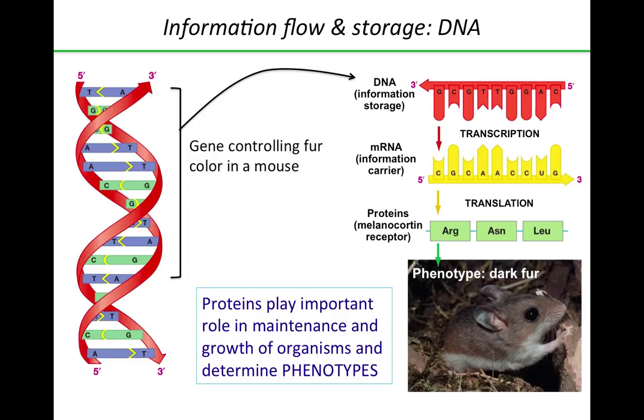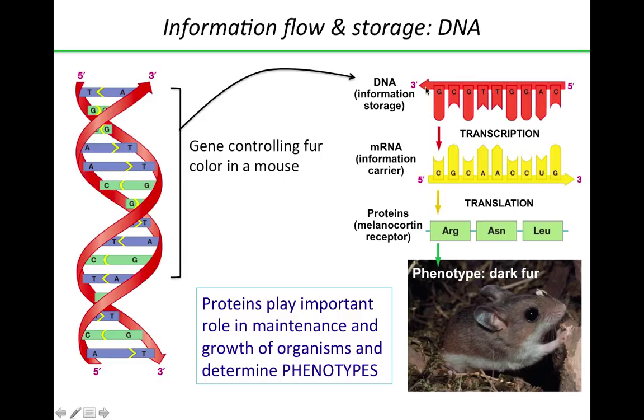And just to think about a concrete example here, we can think about a mouse that has a gene that controls fur color. So depending on the sequence of nucleotide bases that the mouse has on that gene, it will code for a particular version of, in this case, a melanocortin receptor, which is used to bind pigment in the mouse's fur.